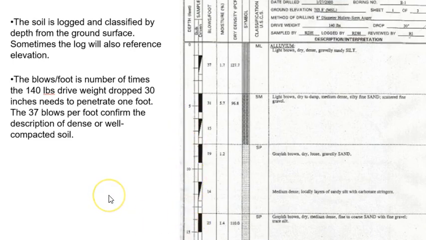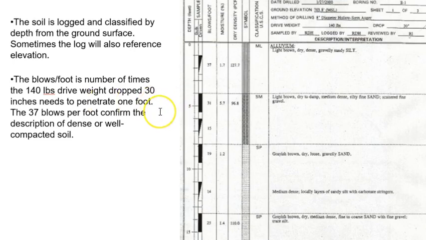The blows per foot is the number of times that a 140-pound drive weight is dropped 30 inches, how many times that has to occur for the boring to penetrate 1 foot.